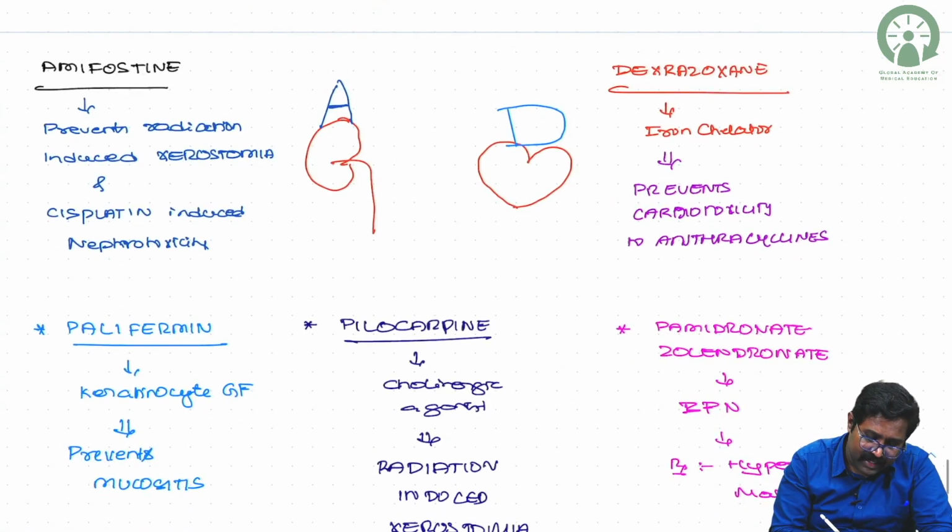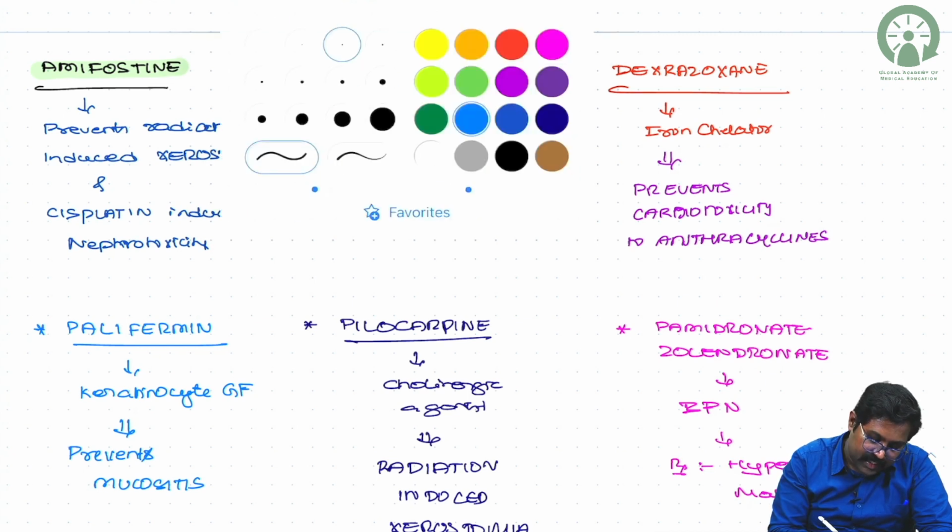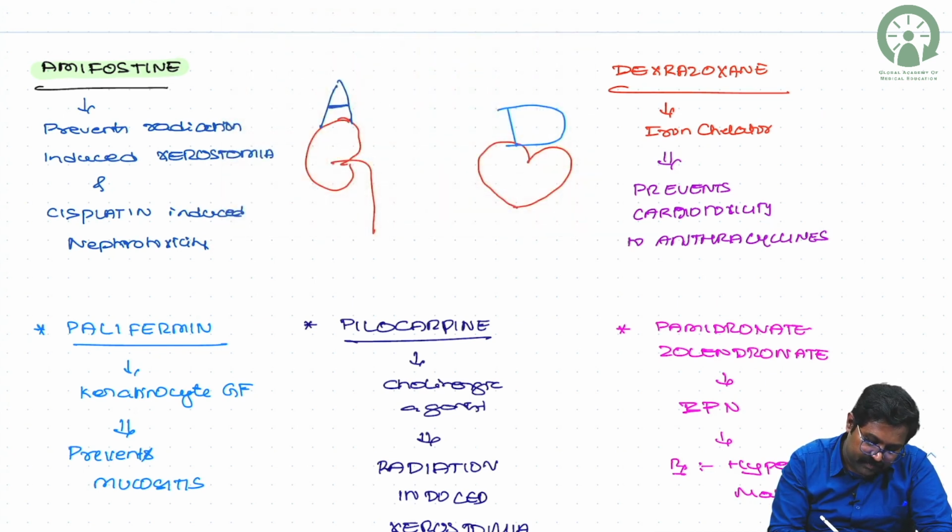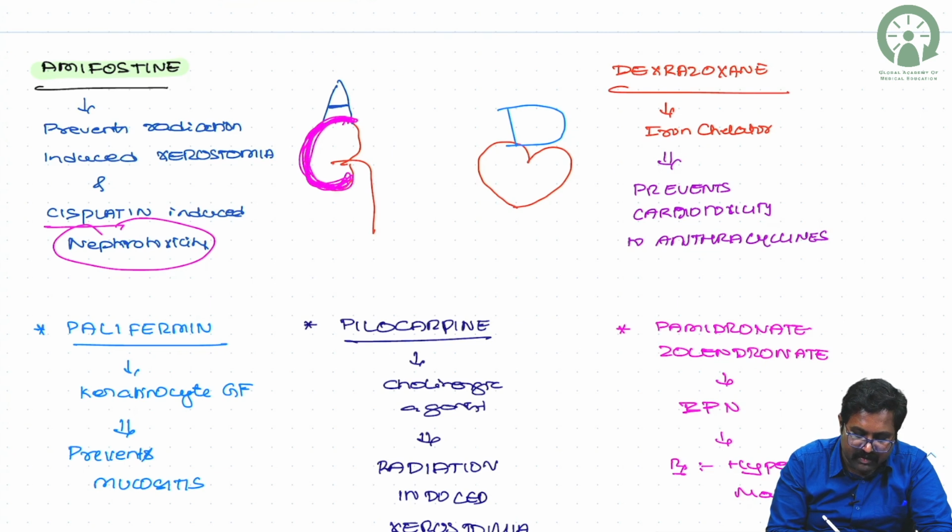Next we have amifostine. So where do we use amifostine? In case of cisplatin-induced nephrotoxicity. As you can see, the kidney looks like a C here. So cisplatin is going to cause nephrotoxicity.